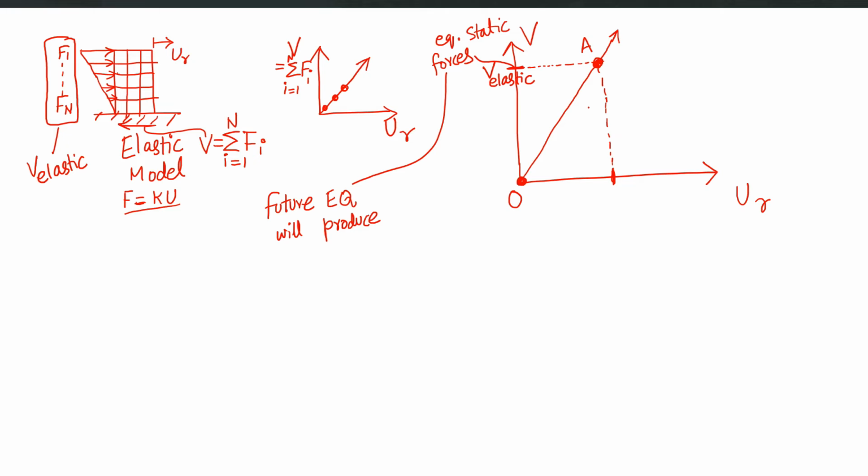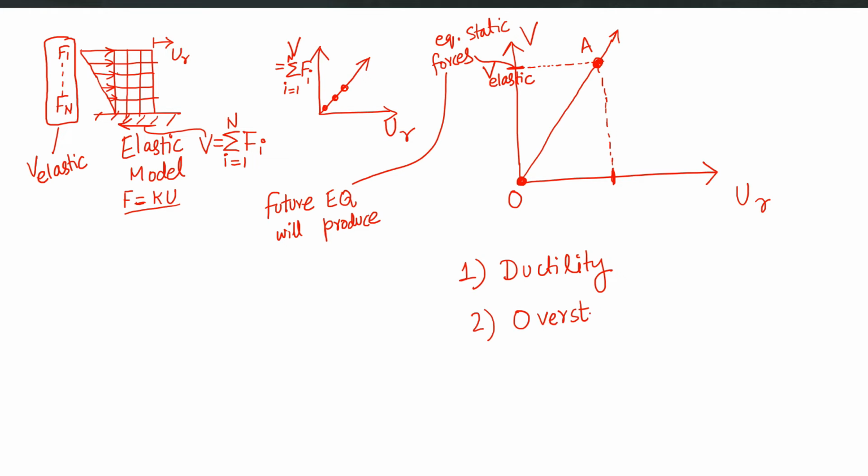But for two important reasons, we may not design our structure on V elastic. We may design our structure for just a fraction of V elastic. And those two reasons are, number one, the inherent ductility of our structure, and second, the overstrength.